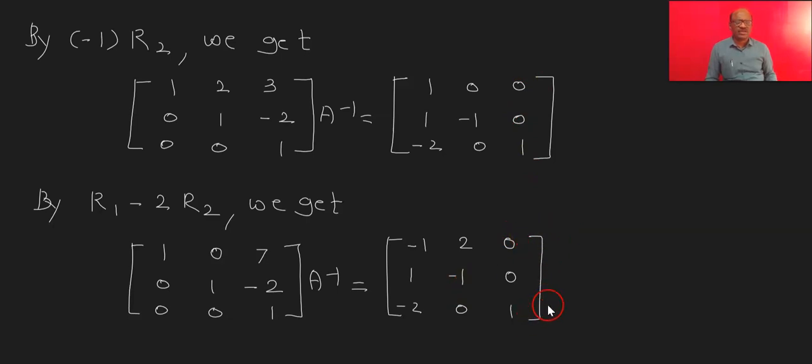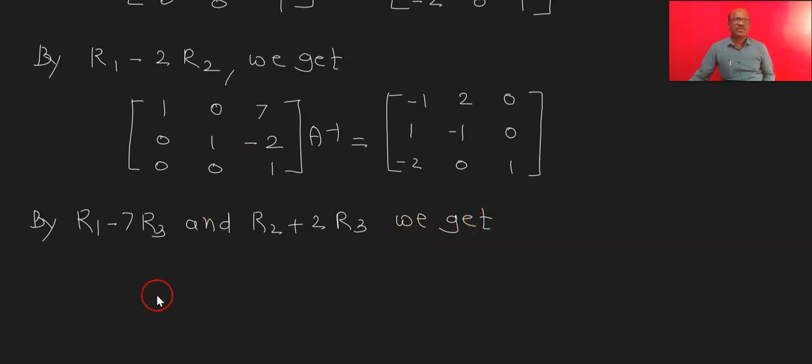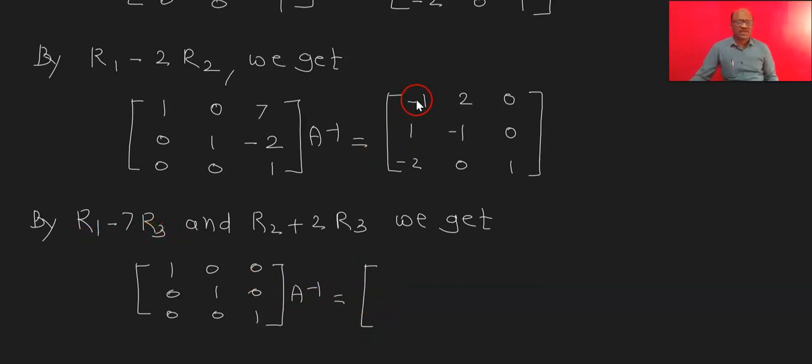Okay, now by the next operation, already here A33 is 1, therefore by the operation R1 minus 7 times R3 and R2 plus 2 times R3, we get here totally the identity matrix, 1, 0, 0, 0, 1, 0, 0, 0, 1 into A inverse, and here R1 minus 7 times R3, that is minus 1, and minus 7 into minus 2 is plus 14.